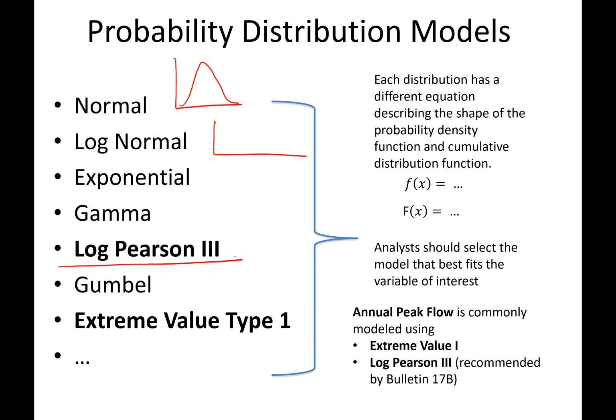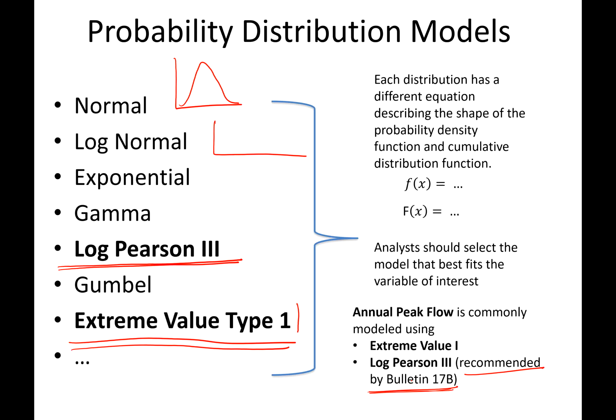In this video, we are going to focus on two probability density functions. The first one is the extreme value type 1 or EV1, and the second one is Log Pearson Type III. And Log Pearson Type III is actually a method that is recommended by Bulletin 17B.